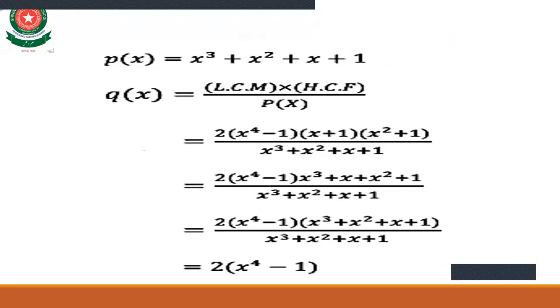Putting the values of LCM, HCF and p of x into the formula, you may multiply: x into x square is x cube, x into x is x, and 1 into x square is x square, 1 one is 1. Note it down by arranging x cube plus x square plus x plus 1 in the numerator and denominator. This value is the same, so it will cut, and the remaining will be 2 into x power 4 minus 1.